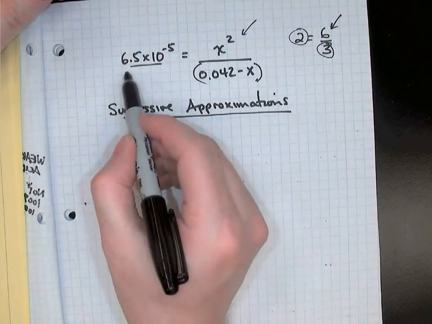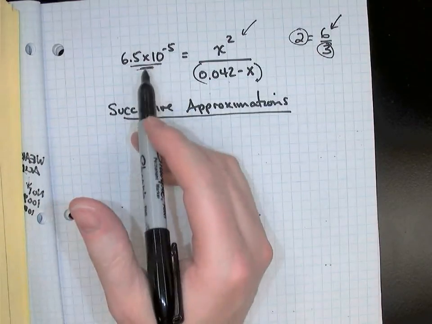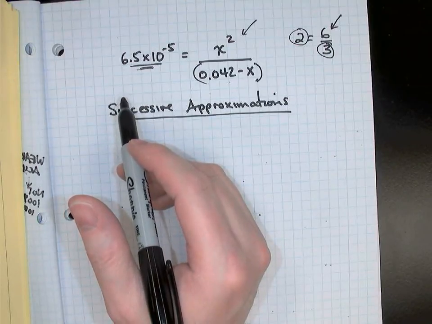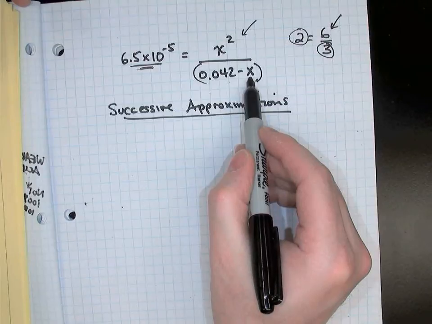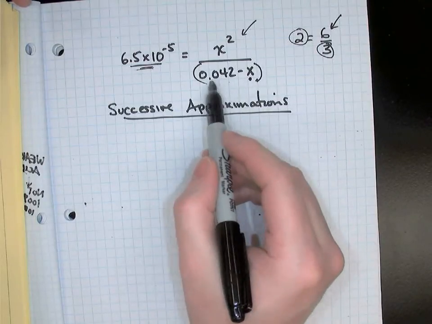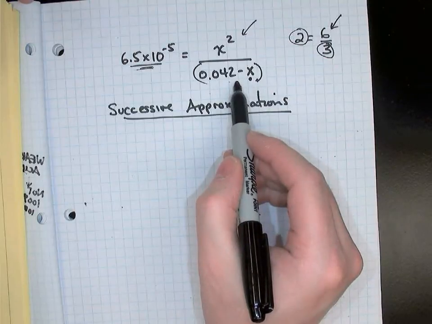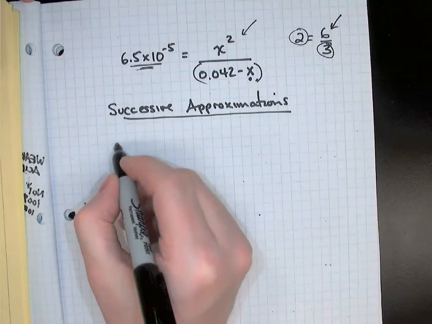The key is to recognize that the Ka value is small. Because it's small, we know that the acid is not really going to ionize very much. In other words, this X here is probably going to be a very small number compared to what we started with. We're not going to be losing very much of the acid here. So what we'll do is we'll state an assumption, and you have to put this in your answer.